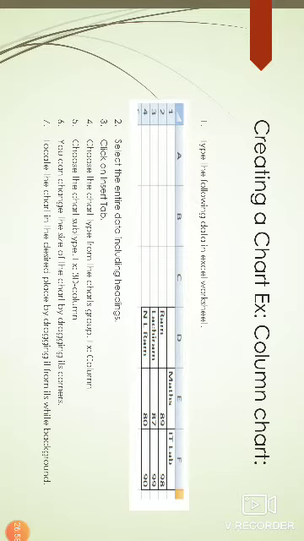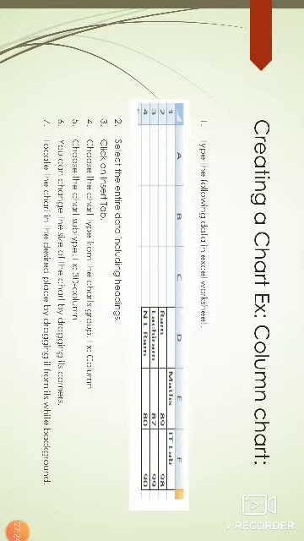Okay, next is creating a chart. Here I'm creating a column chart. So first type the following data in an Excel sheet. Next, select the entire data including headings. Click on insert tab. Choose the chart type from the charts group, example column. Choose the chart subtype, example 3D column.